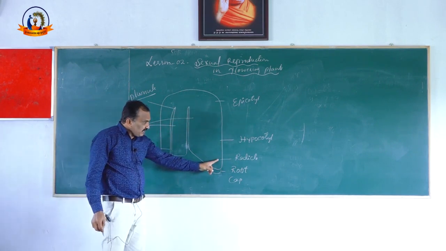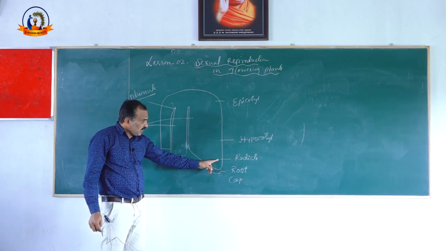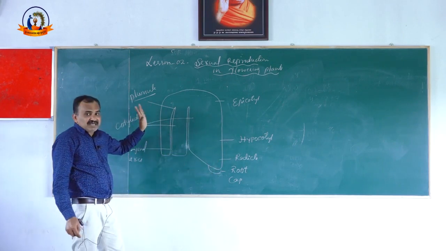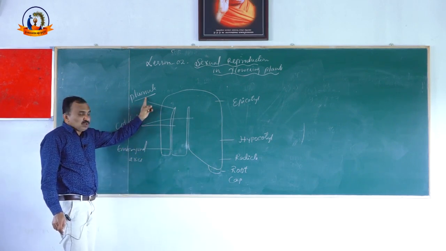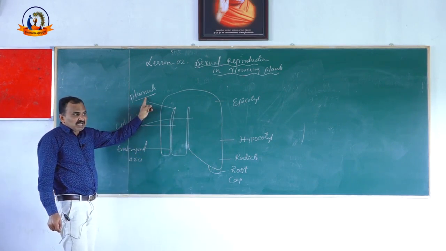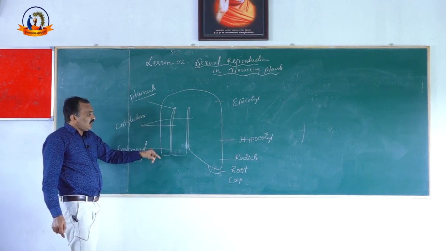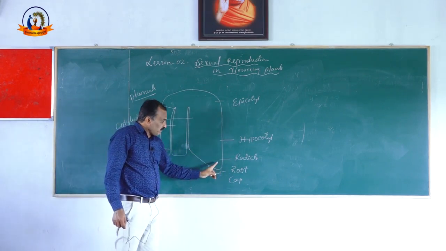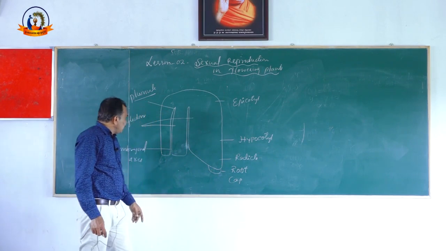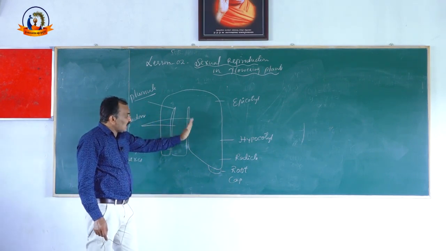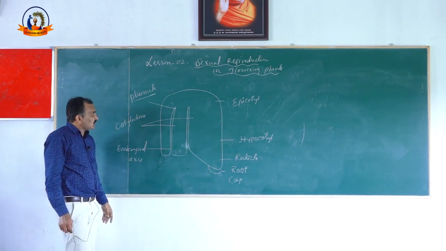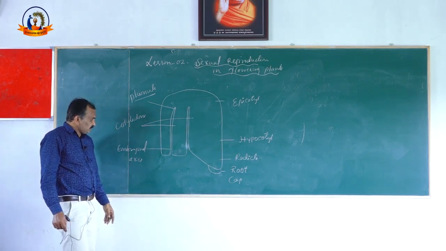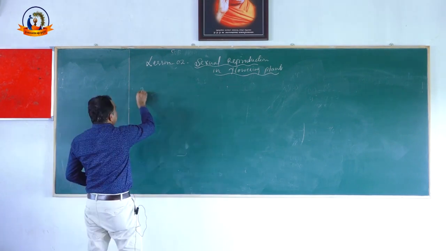Radicle later develops into root system, and plumule later develops into shoot system. That means from the plumule, shoot system is developed like stem, leaves, branches, and from radicle, root is developed. There are two cotyledons, which provide nutritional support to the developing embryo.